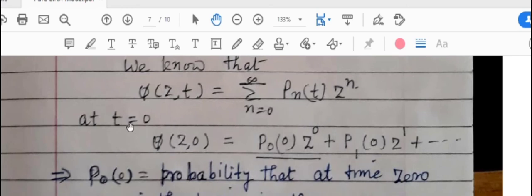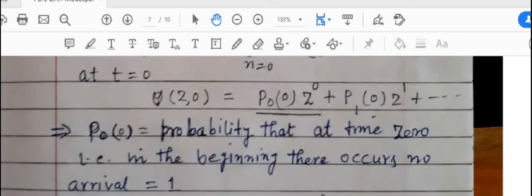So at t equal to 0, let us examine the nature of this generating function: φ(z,0) = P0(0) + P1(0) z^1 + P2(0) z^2 and so forth. Here n is 0 in this case, and we have expanded the summation.